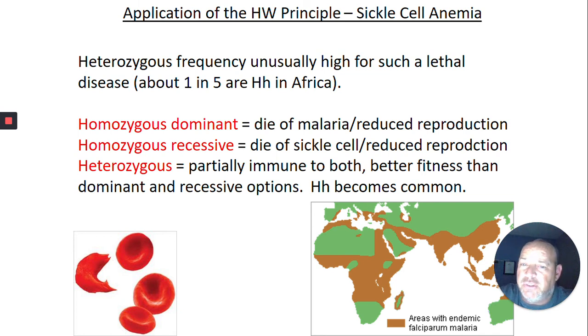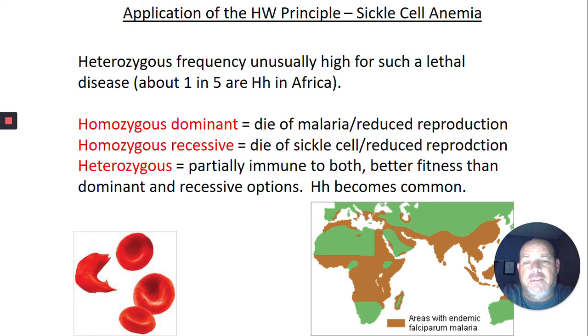If you are heterozygous, you are partially immune to both malaria and sickle cell. You have enough plump red blood cells to feed your body the oxygen that it needs, and that also means you don't have too big of an issue with sickle cell.